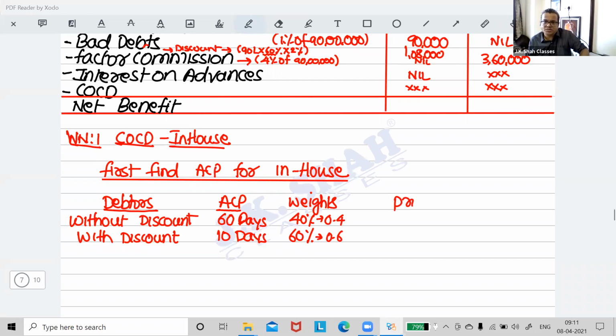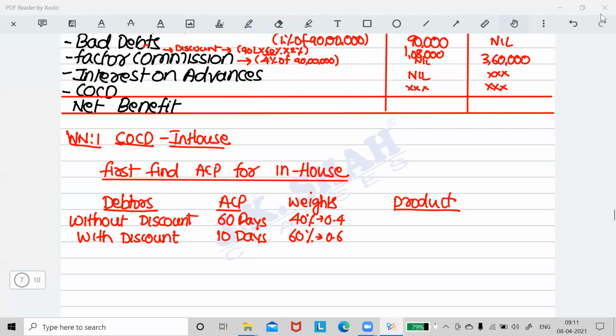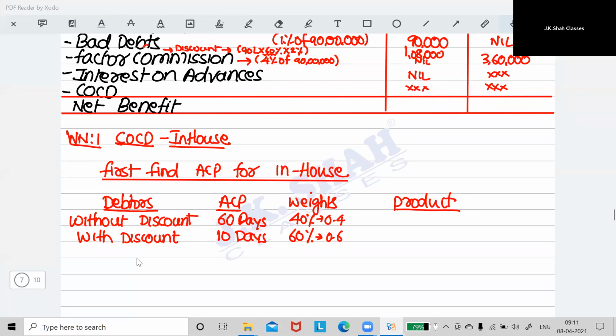Now you take a product. 60 into 0.4 would be 24. 10 into 0.6 would be 6.